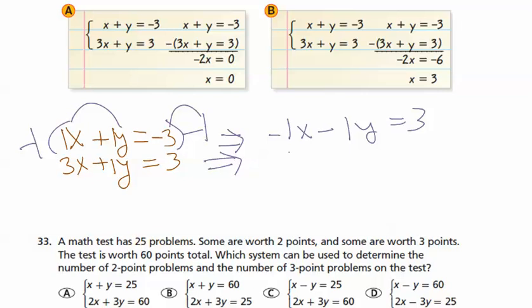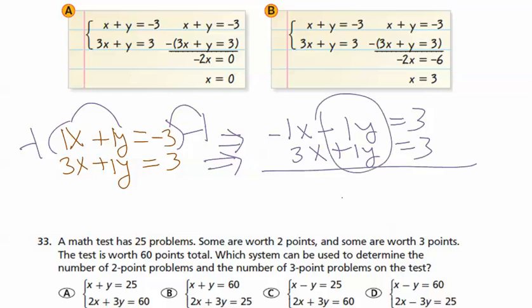And the second equation I'm not changing at all, just rewriting it. And now if I add these together, the -1y plus 1y right here is going to cancel. So I have -1x plus 3x is 2x. 3 plus 3 is 6. X equals, divide both sides by 2, x equals 3.